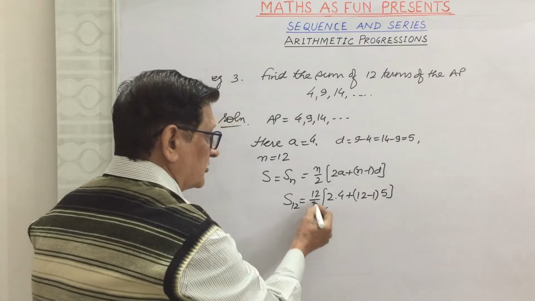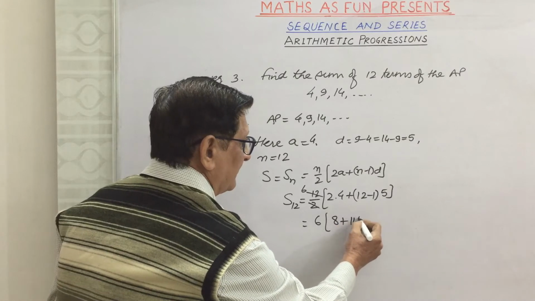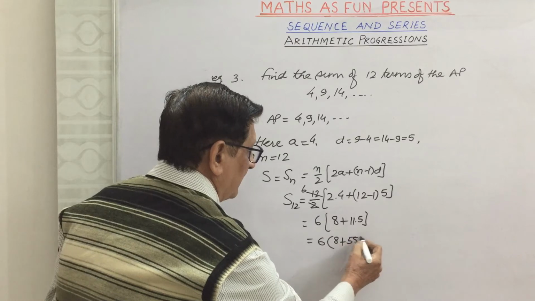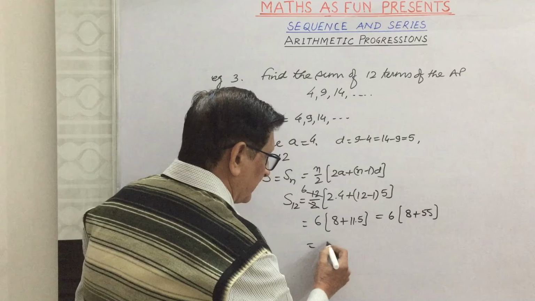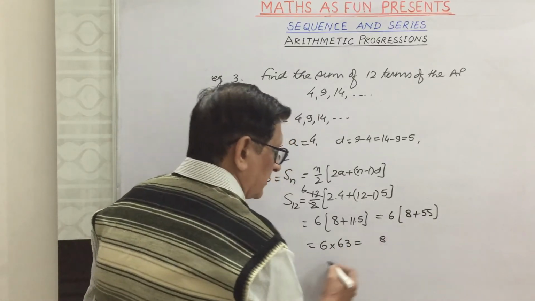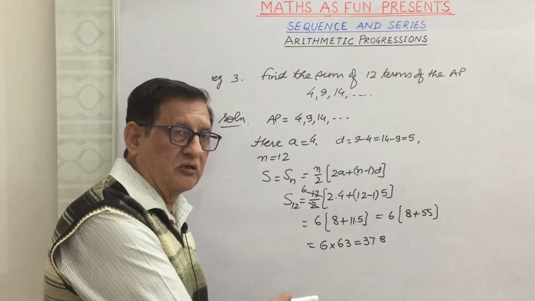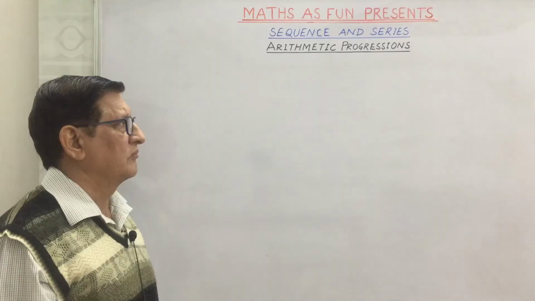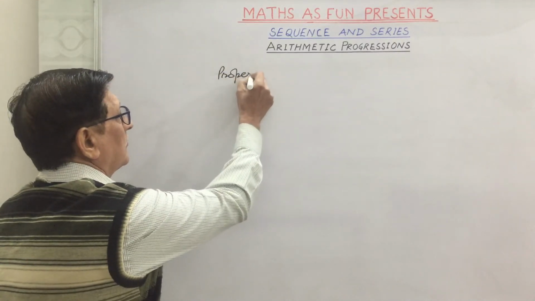And that comes as 2 6s are 12, so it is 6 into 8 plus 11 into 5, which is 6 into 8 plus 55, or we write 6 into 63, which on multiplication comes as 18, 6 6s are 36. So we find the sum of 12 terms of the given AP is 378.